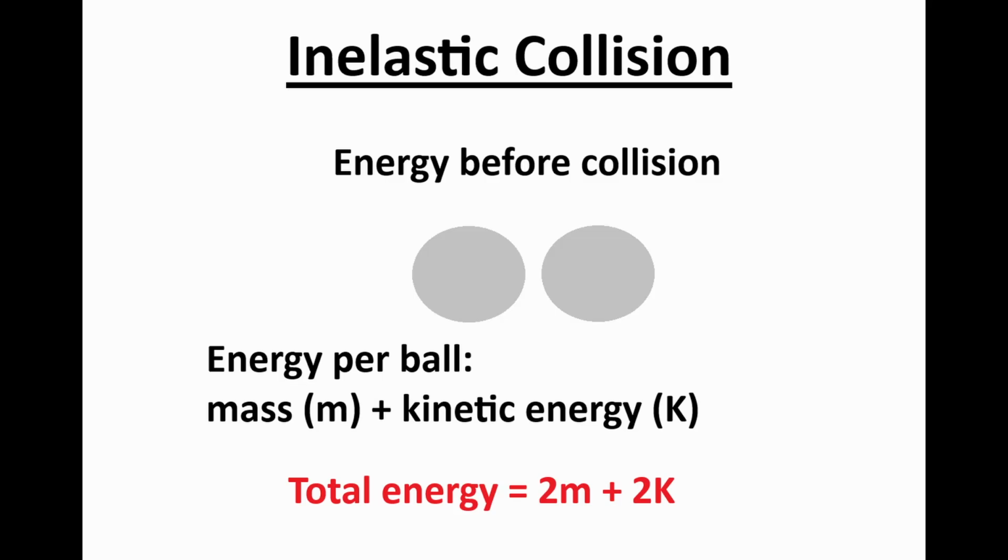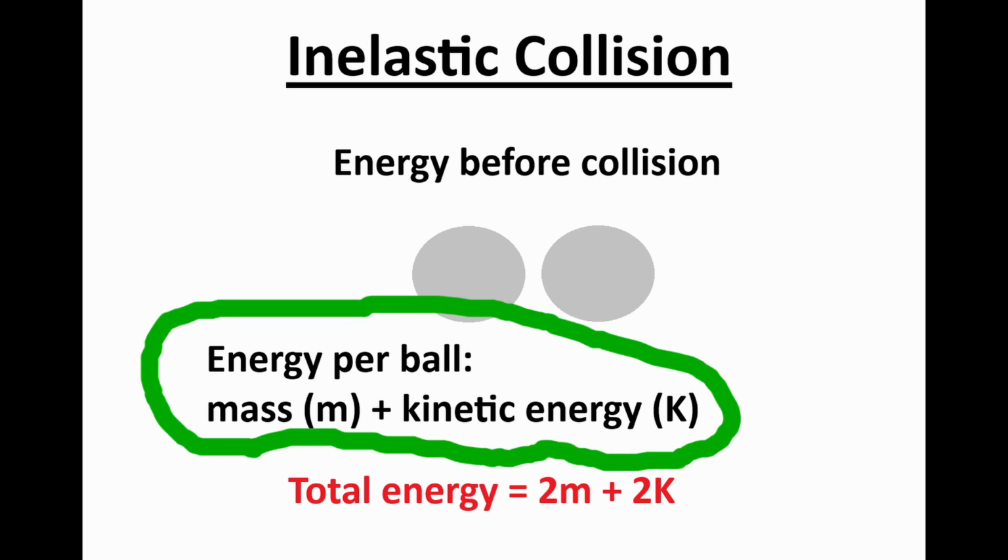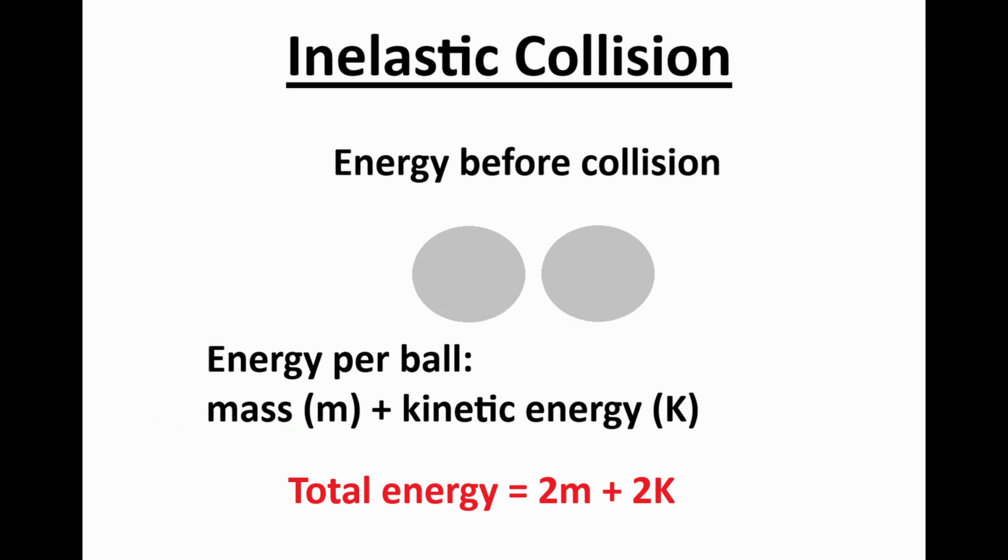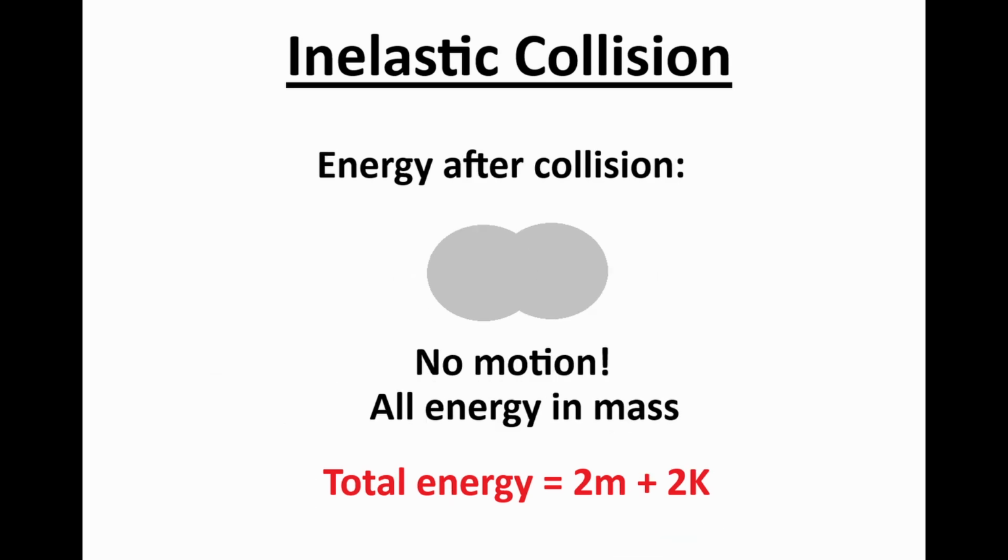Before the collision, the total system energy for each ball of putty, including its mass energy, is the mass plus kinetic energy of motion. So the total system energy is 2 times the mass plus 2 times the kinetic energy. After the collision, the energy must be preserved, meaning it has to be the same as that before the collision.